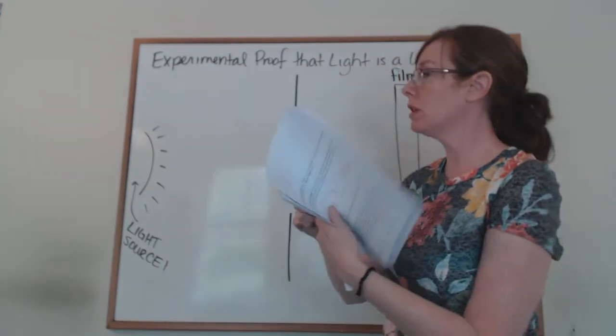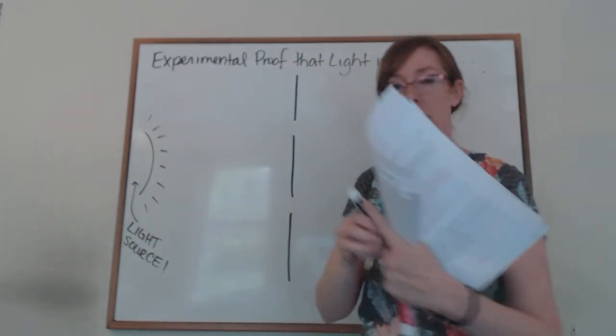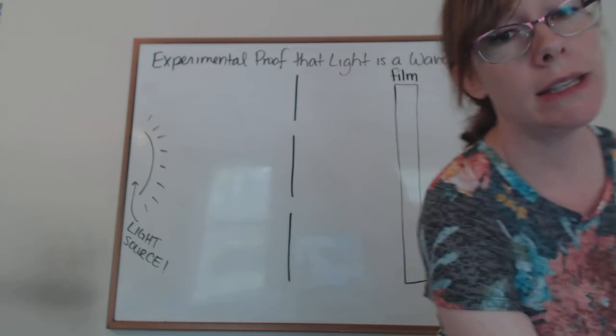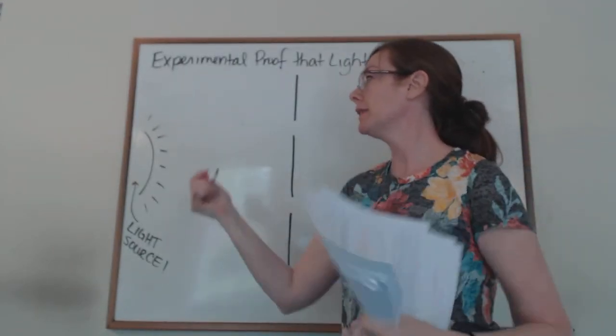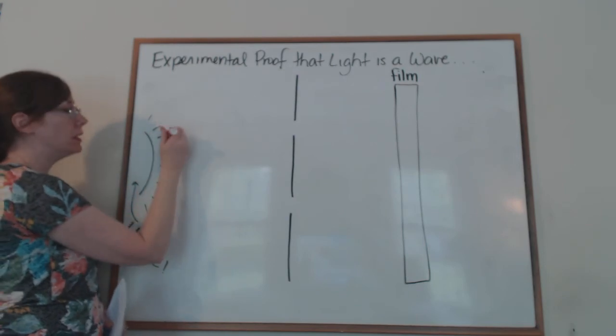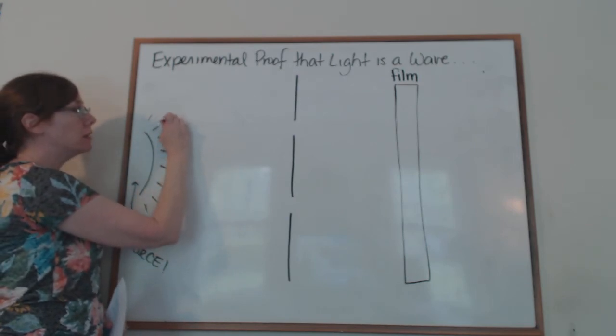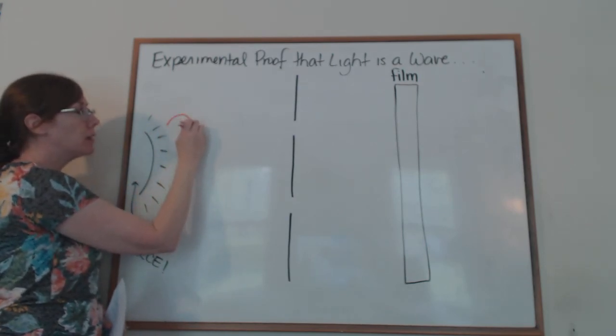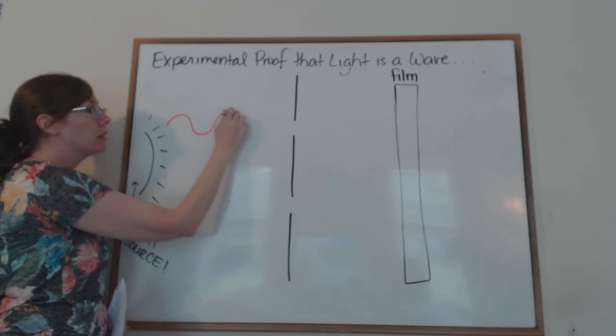We're thinking about light from the point of view that it's a wave. So let's go ahead and draw some waves here. The light source is giving off light, so it's going to be emitting light waves. So let me go ahead and start drawing some waves.